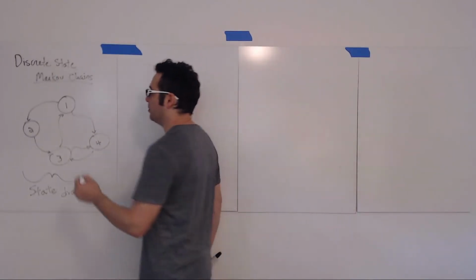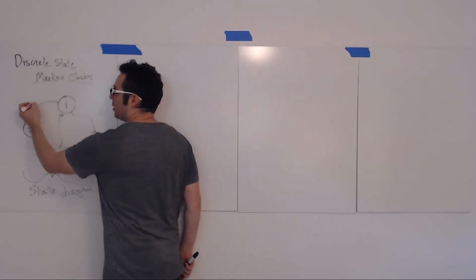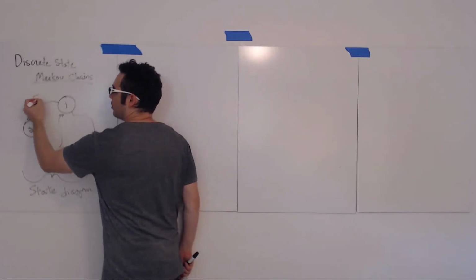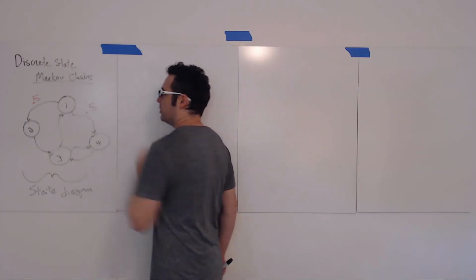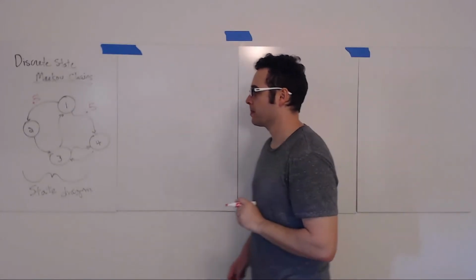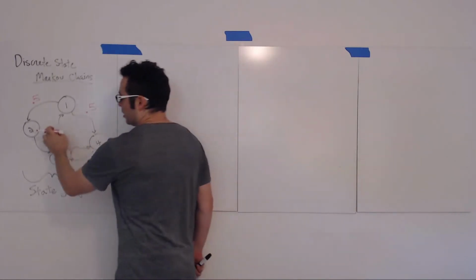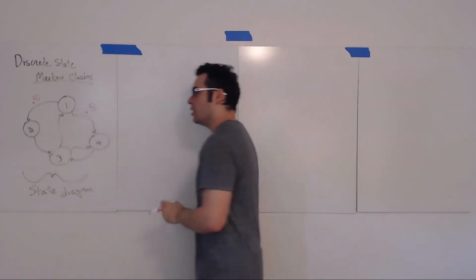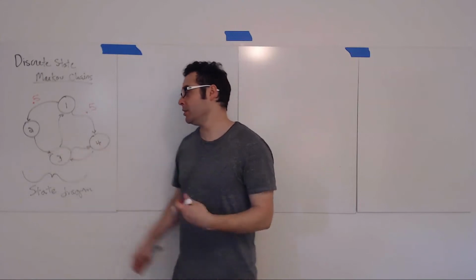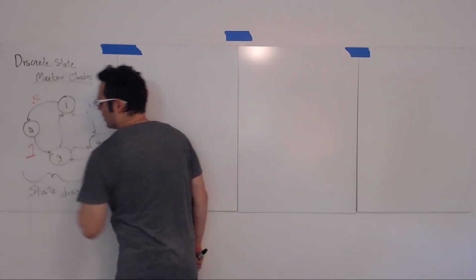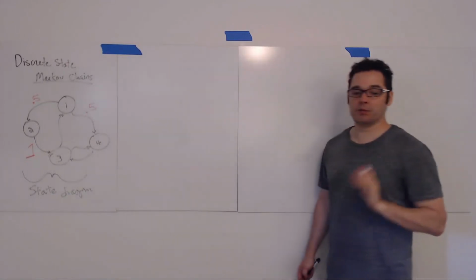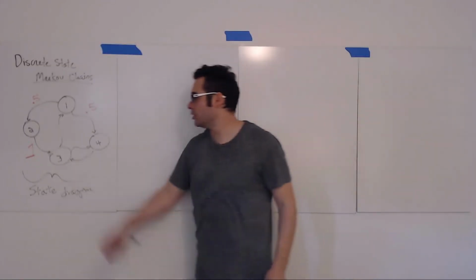So in this case, we might say if you start off at node 1, with 0.5 probability you go to node 2, and with 0.5 probability you go to node 4. For node 2, your only real option is to go to node 3. And so with 100% probability, you go to node 3.